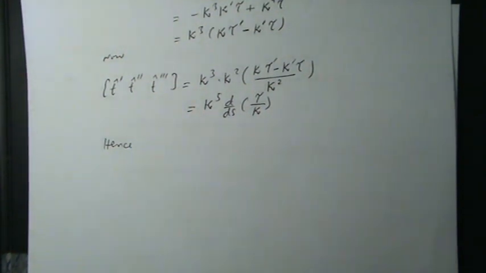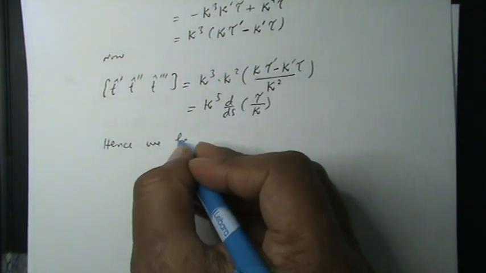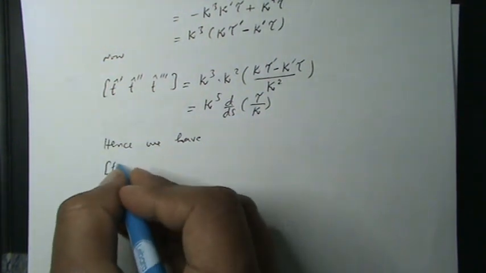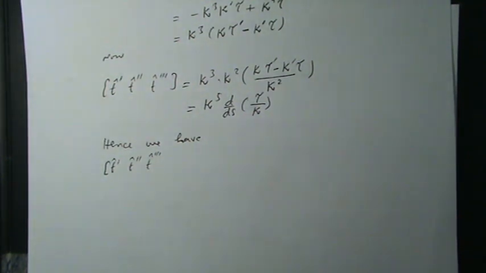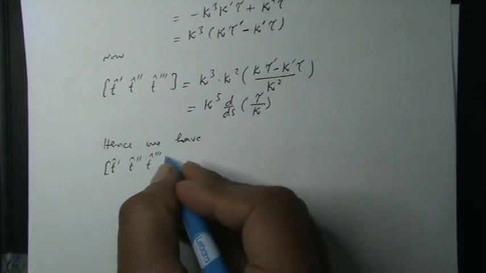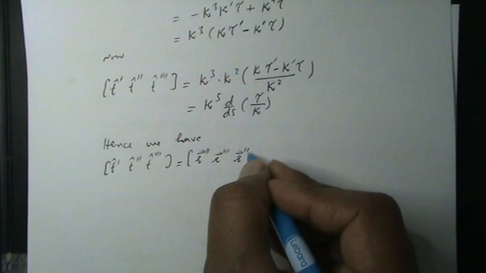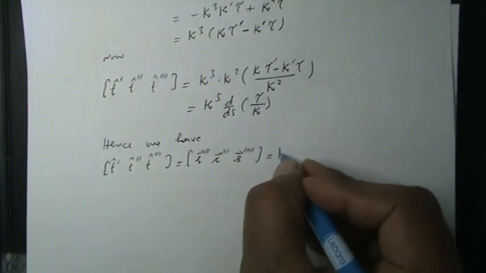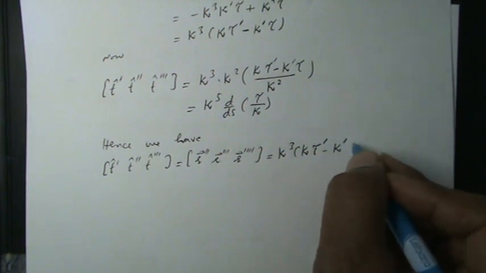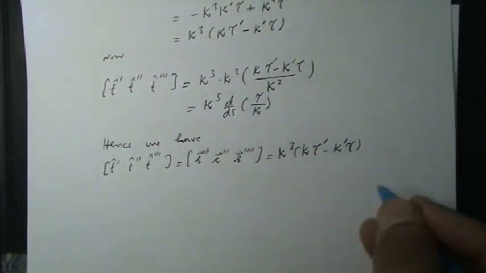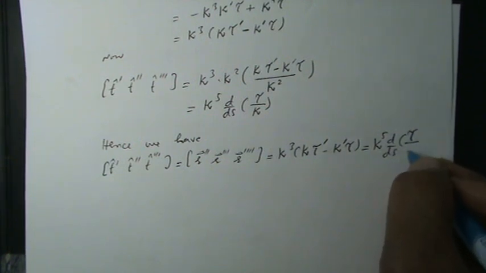Hence we have t unit vector derivative, t unit vector double derivative, t unit vector triple derivative equal to r second derivative, r third derivative, r fourth derivative equal to kappa 3 (kappa tau dash minus kappa dash tau), this is equal to kappa raised power 5 d by ds tau over kappa.